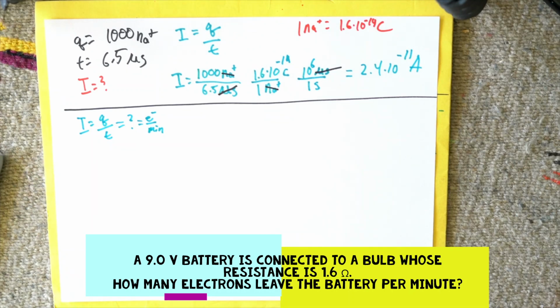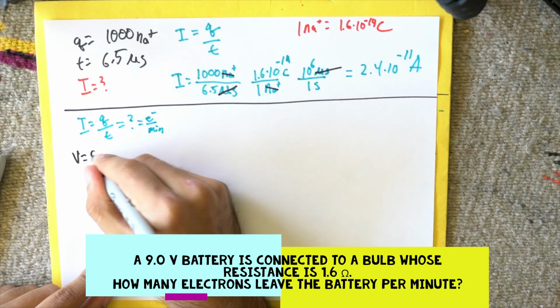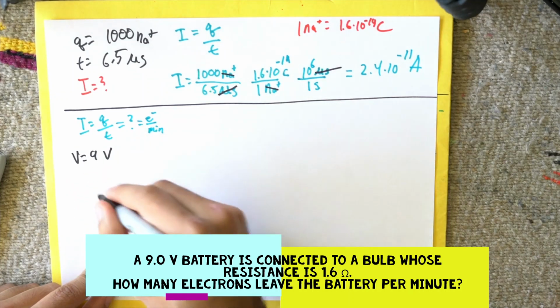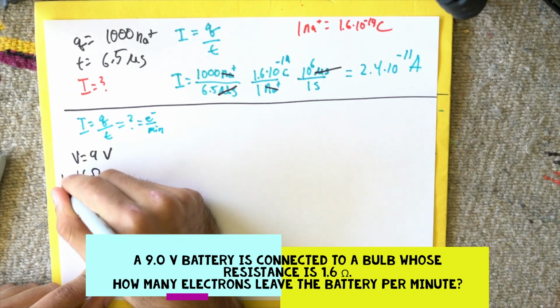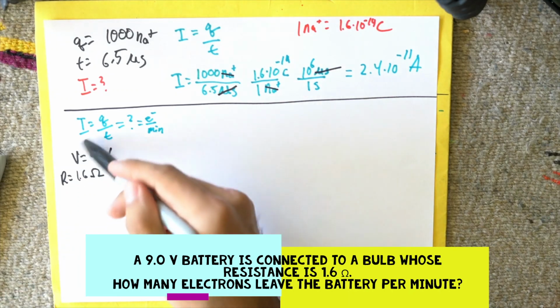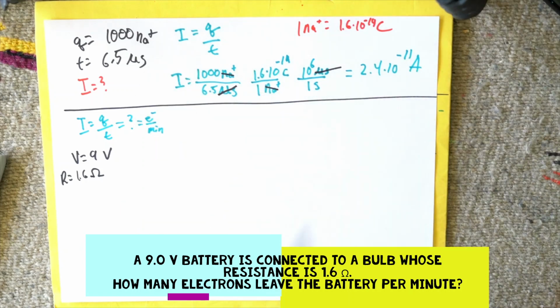Let's write down what we have. We have a 9-volt battery, so V equals 9 volts. And then we have a 1.6 ohm resistor, so R equals this. To figure out the current, we need to remember that V equals IR.